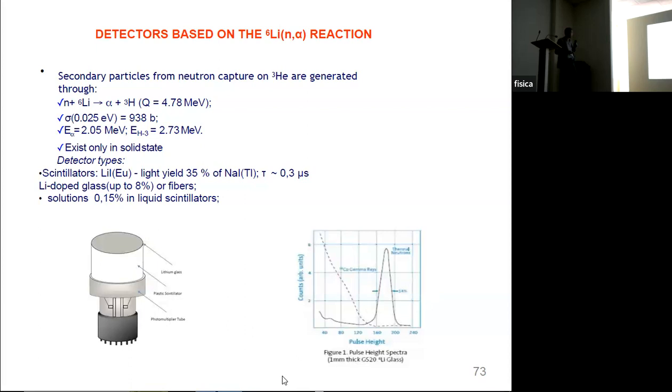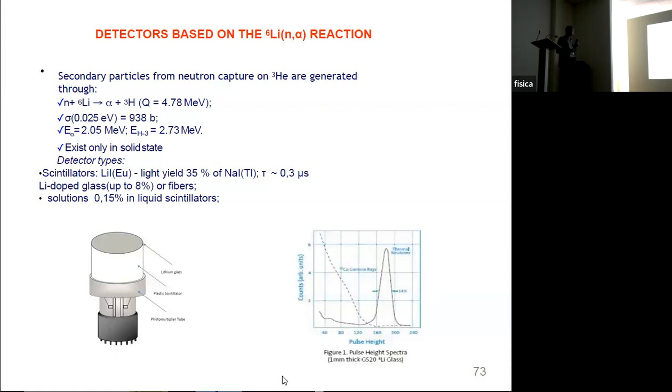In this case, you can get scintillators, for example lithium iodide doped with europium, which has pretty high light yield compared to sodium iodide. Sometimes, for instance, glasses are doped with lithium, and this also allows you to detect neutrons.